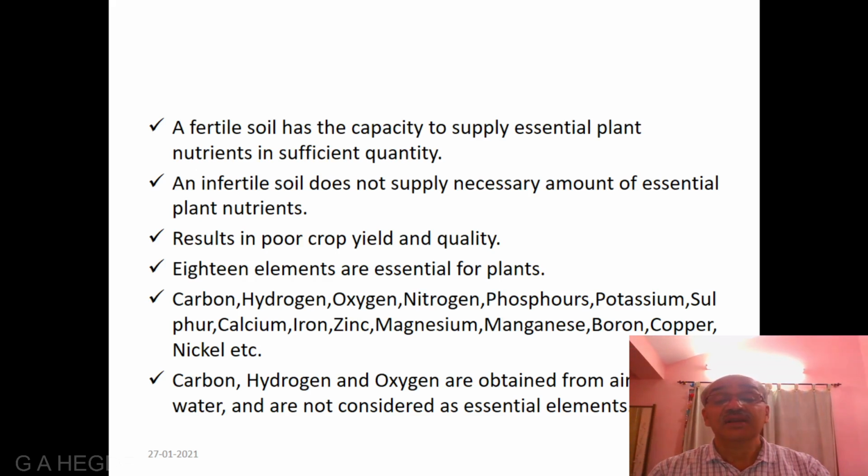18 elements are essential for plants: carbon, hydrogen, oxygen, nitrogen, phosphorus, potassium, sulfur, calcium, iron, zinc, magnesium, manganese, boron, copper, nickel, etc. Carbon, hydrogen, and oxygen are obtained from air and water and are not considered as essential elements.